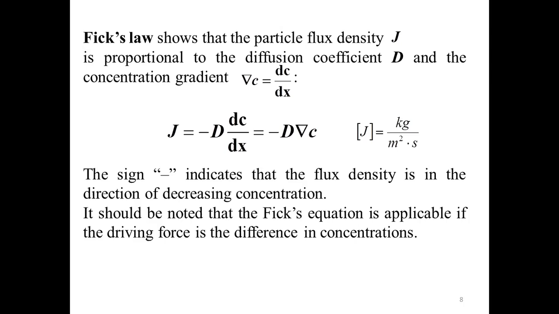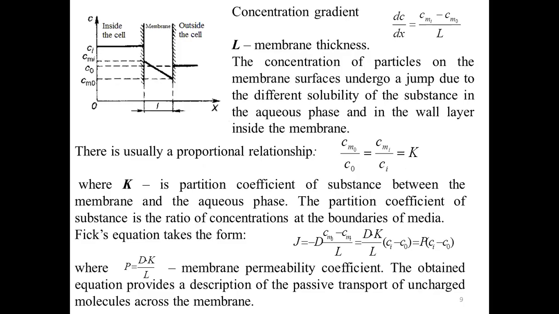It should be noted that Fick's law equation can be applied only if the driving force is the difference in concentration. If we replace our concentration gradient by the ratio of the difference between concentrations and membrane thickness, what do we have?